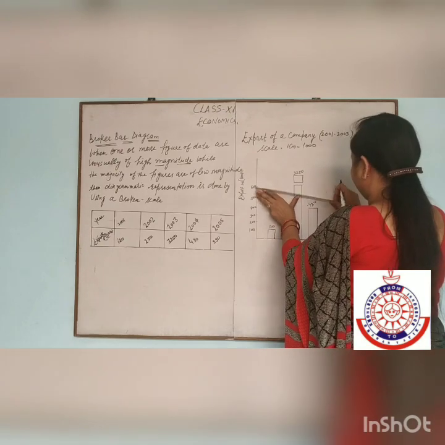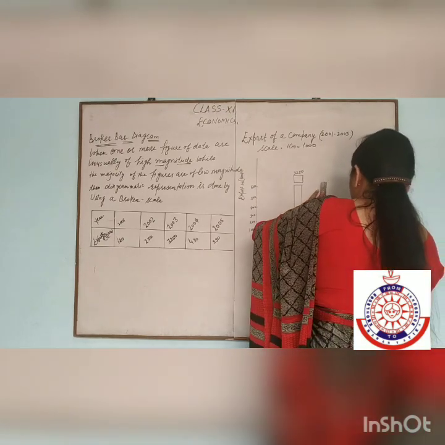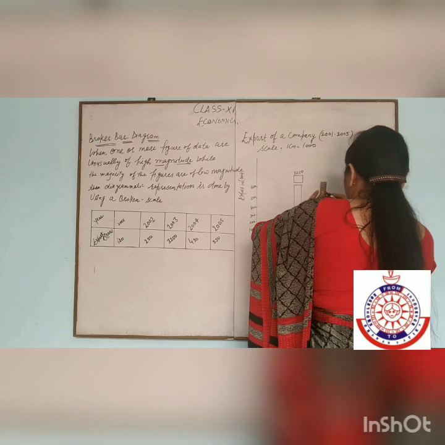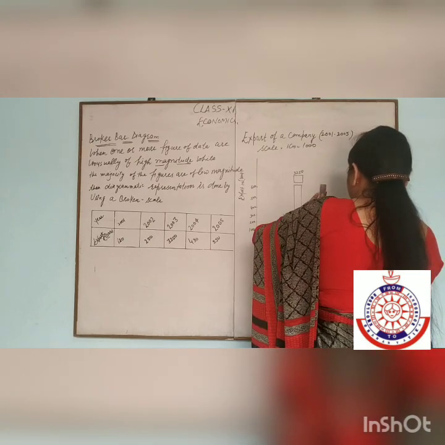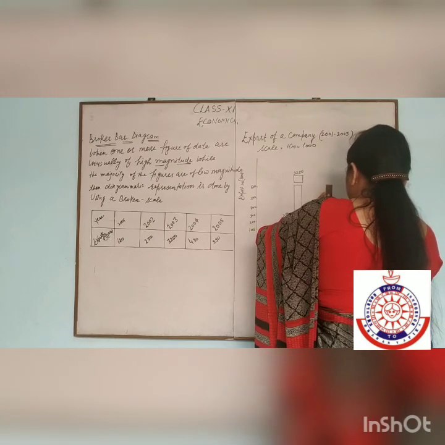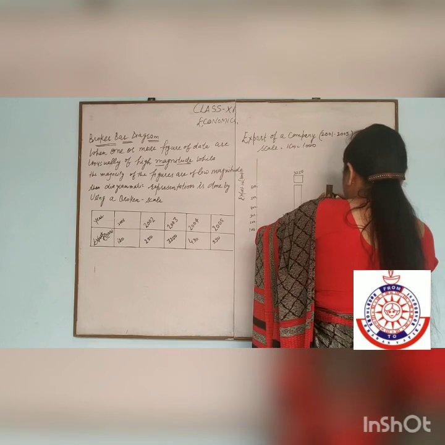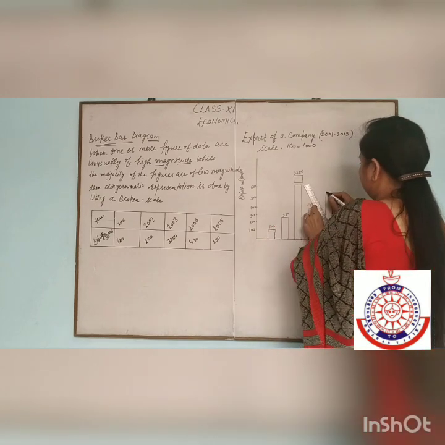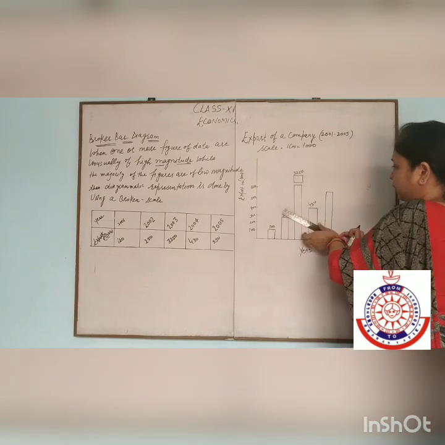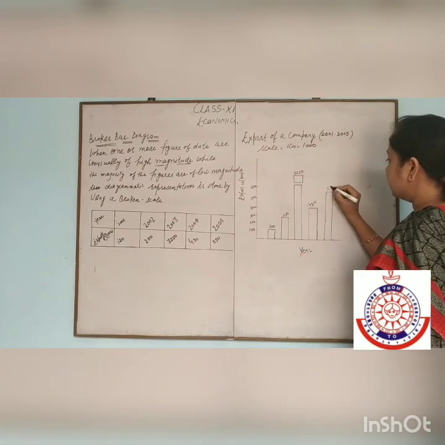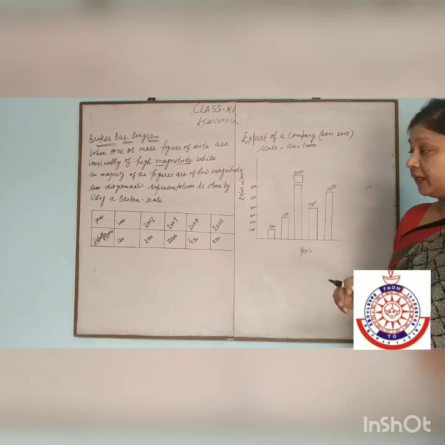So we will take 550 here. This is 550. So this is our broken bar diagram.